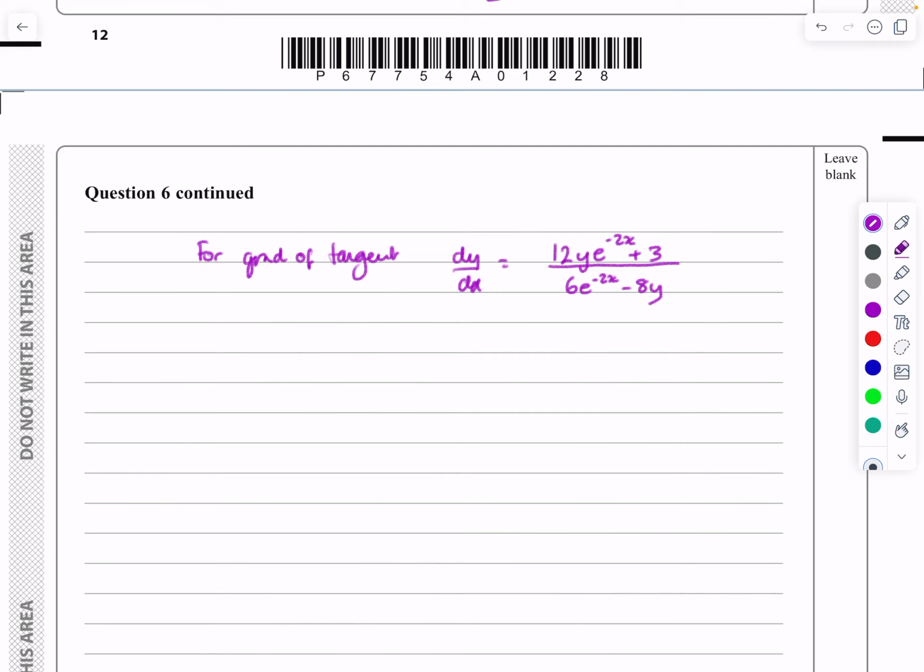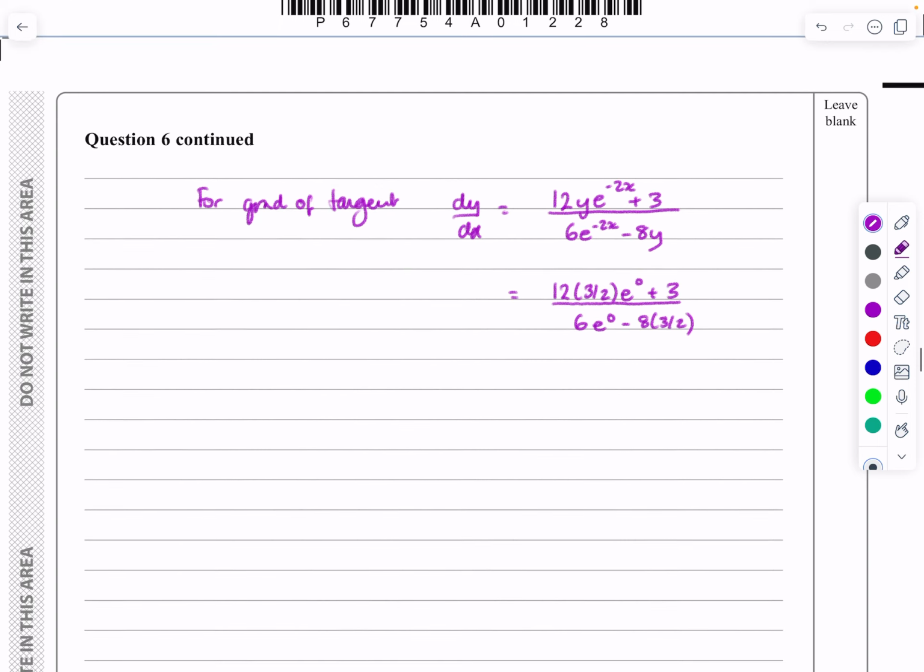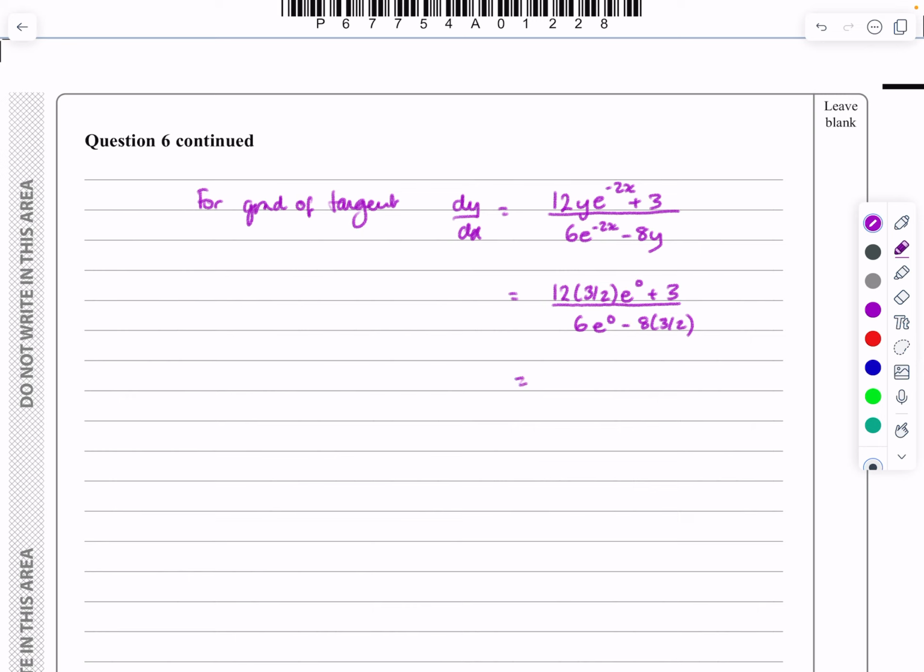So at (0, 3 over 2), this is going to be 12 lots of 3 over 2 e to the 0 plus 3, over 6 e to the 0 minus 8 lots of 3 over 2. Remember, e to the 0 is just 1, so that's going to really simplify down. I'm not going to spend any more time on that; you can just work that out.